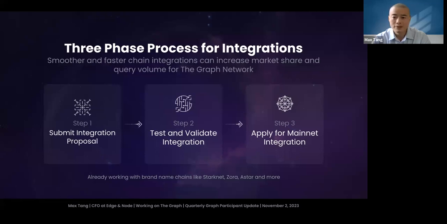We expect this new process to significantly accelerate how the Graph works with newer chains, especially app chains. Many chains have already started the process, and multiple chains are working on integration.